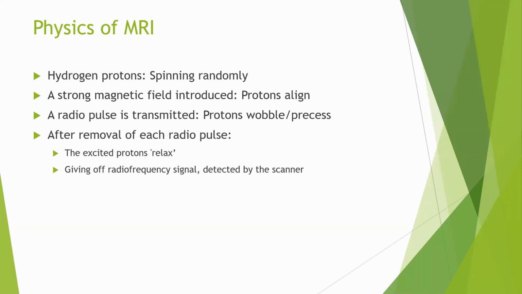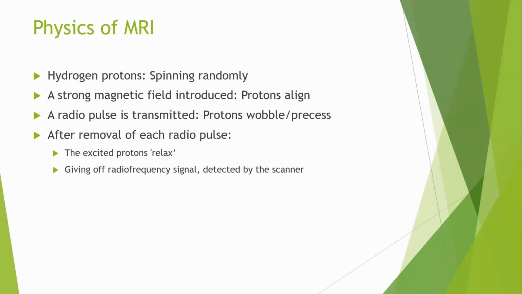When you take out that radio frequency, so radio frequency in, hydrogen ions wobble; radio frequency out, and the protons try to relax and settle down, relaxing from this stage to a more static state. That is called relaxation. Please remember this word, because this is what you will come across in reports.